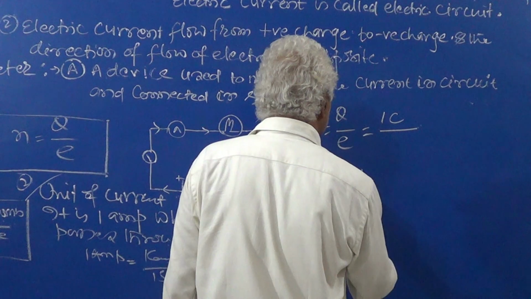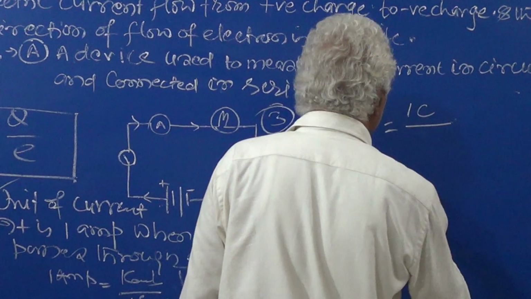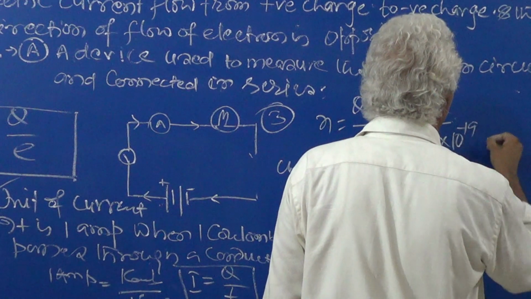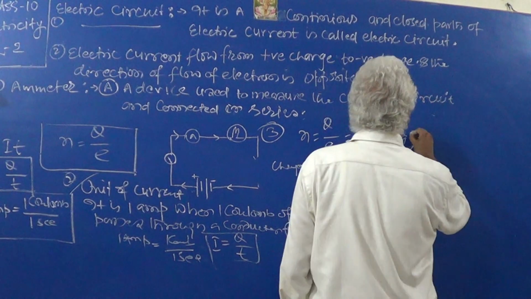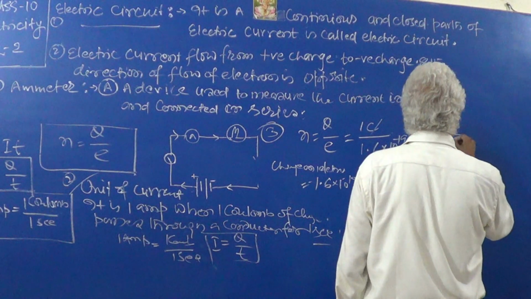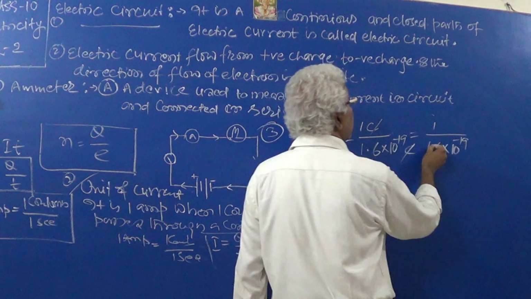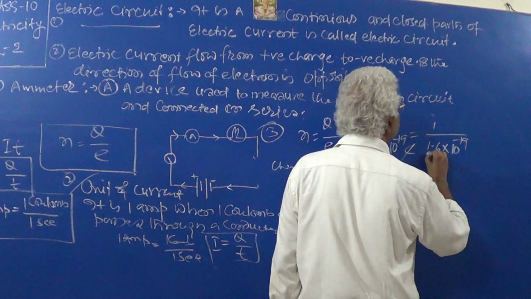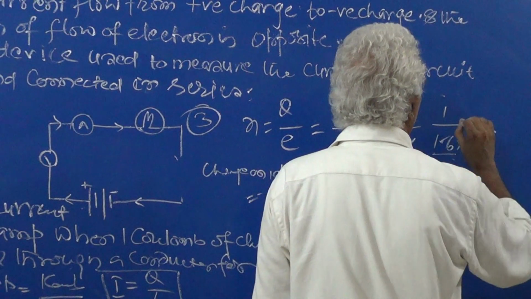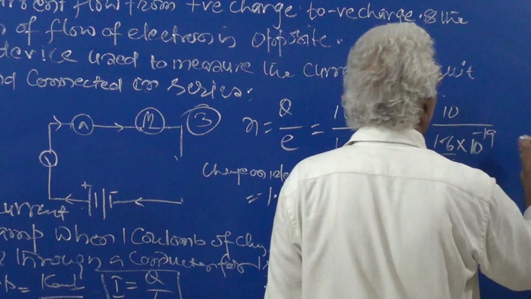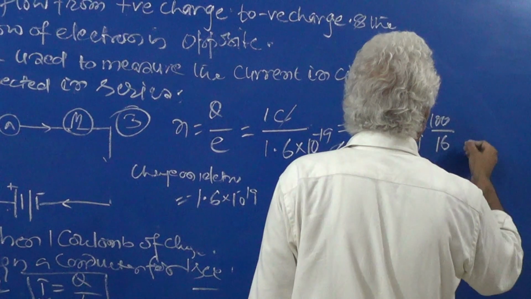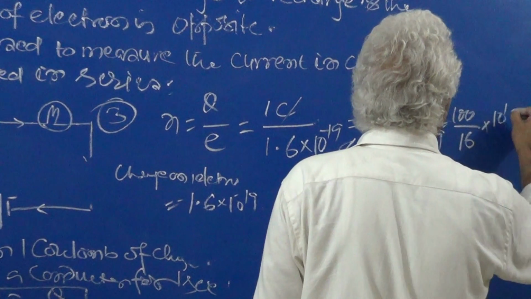1.6 into 1 is 1.6 into 10 to the power minus 19 coulomb. Coulomb cancels. You get 1 by 1.6 into 10 to the power minus 19. Now take the 10 up, so it becomes 100 by 16 into 10 to the power 18.